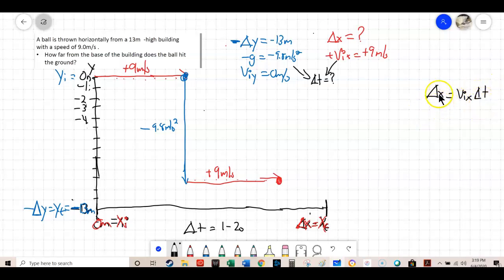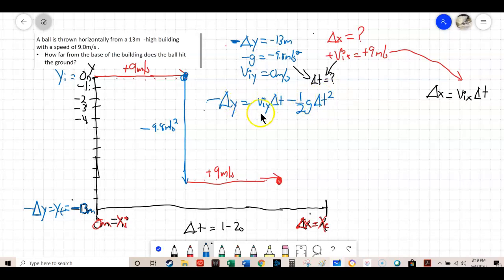Here's our x direction equation. We know the initial velocity in the x direction, but we don't know delta t. In order to find that, we're going to actually have to do some curvilinear stuff. So the motion in the y direction is delta y equals v_iy delta t minus 1/2 g delta t squared.